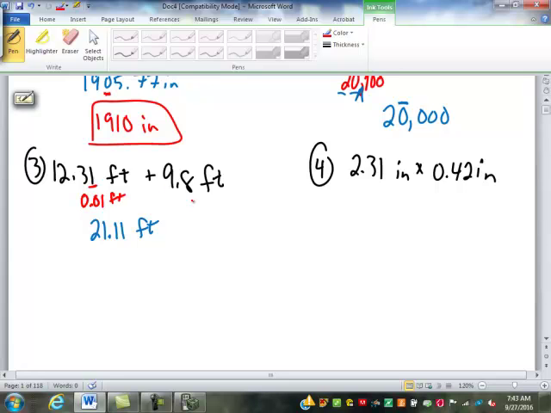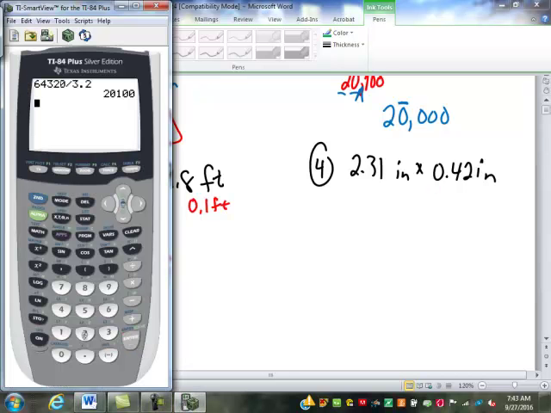This one has a precision of 1/10 of a foot, which means we're going to round our answer to 10th. 21.1. Anybody have that one? Nope, missed that one. And now 2.31 times 0.42.